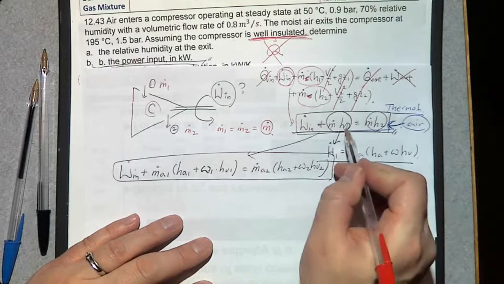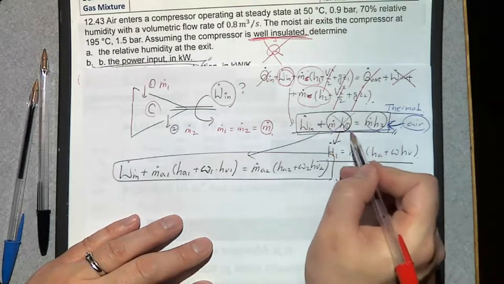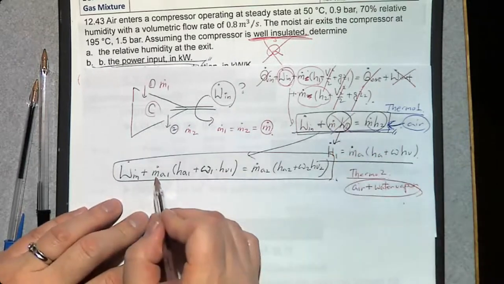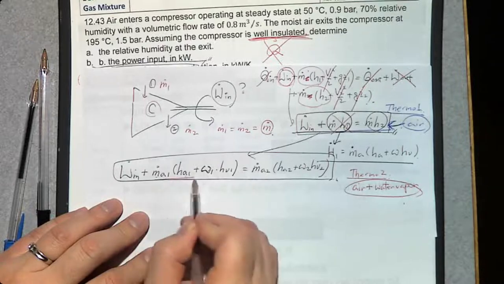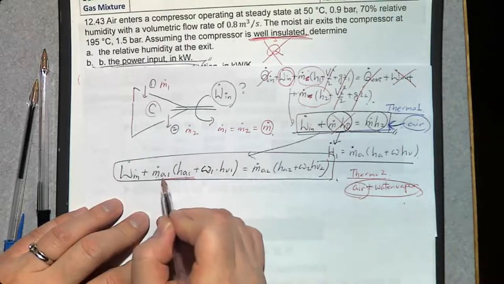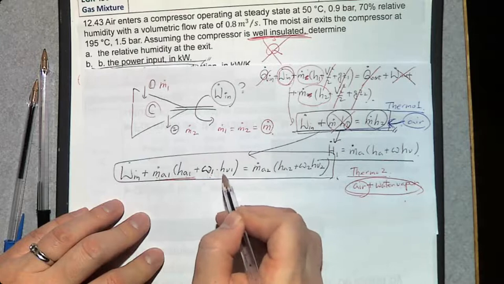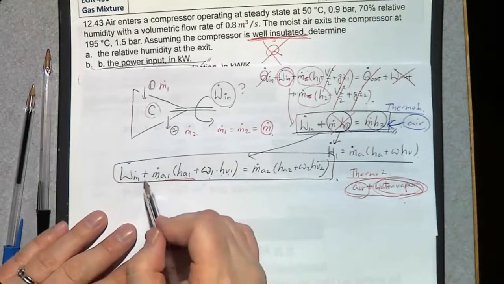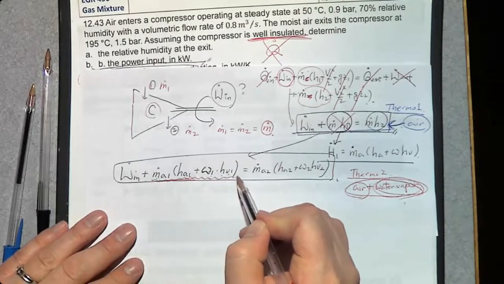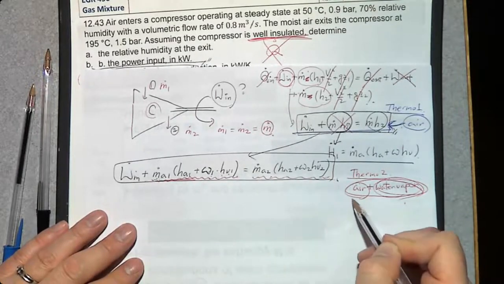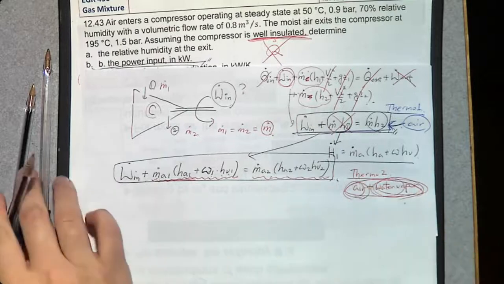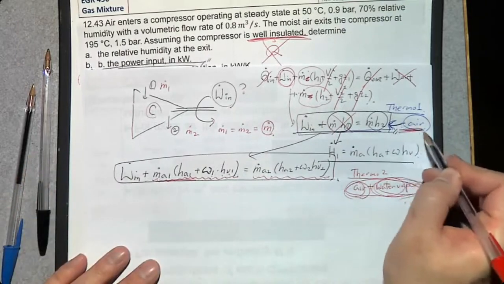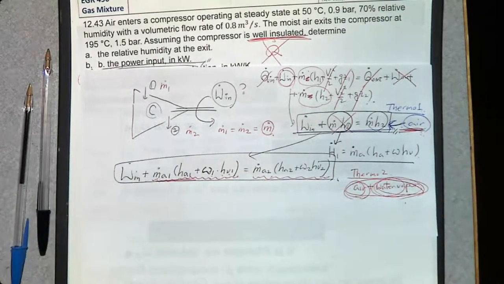So instead of m dot h1, we don't use that simple form. We use m dot a times ha, which is for air, and m dot a omega 1 times hv, which is for water vapor. So we have a more complicated enthalpy term to represent both air and water vapor, rather than just the air as in thermo 1.